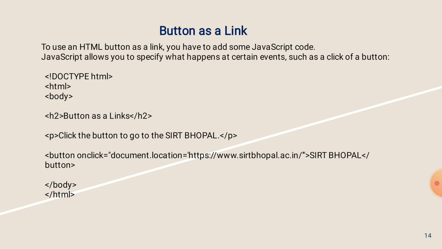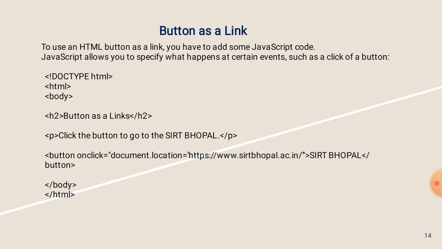Then we declare the button hyperlink; the button syntax is button onclick, this is the specific button coding. Then document.location is https://www.sirtbhopal.ac.in, then we declare alert SIRT Bhopal.